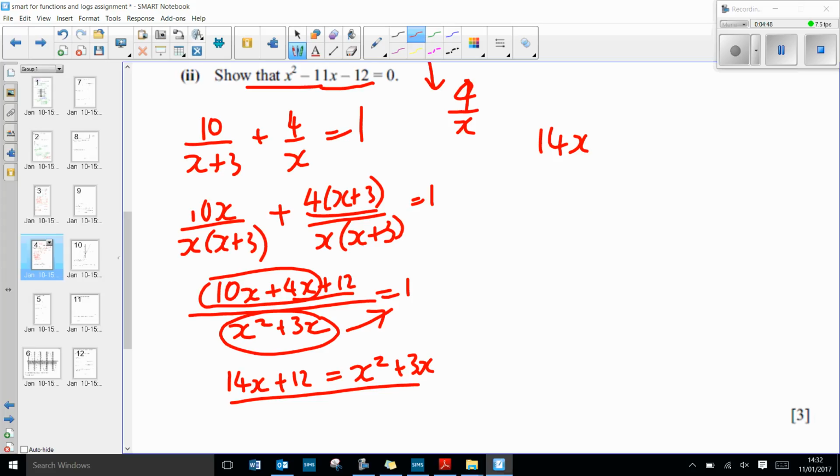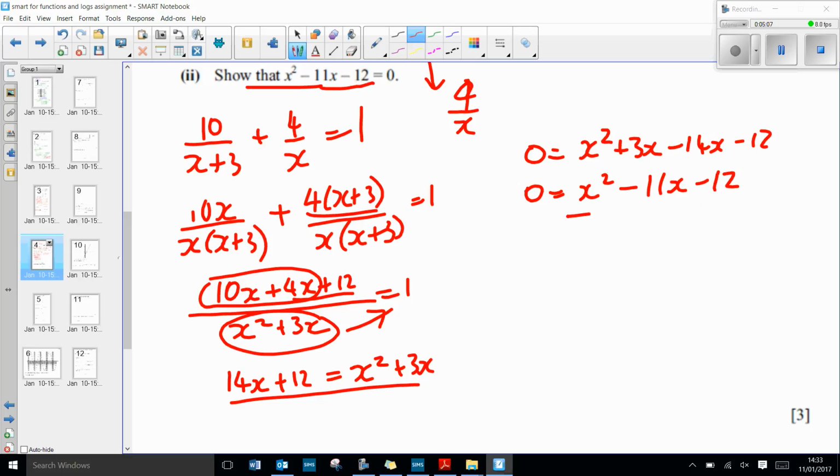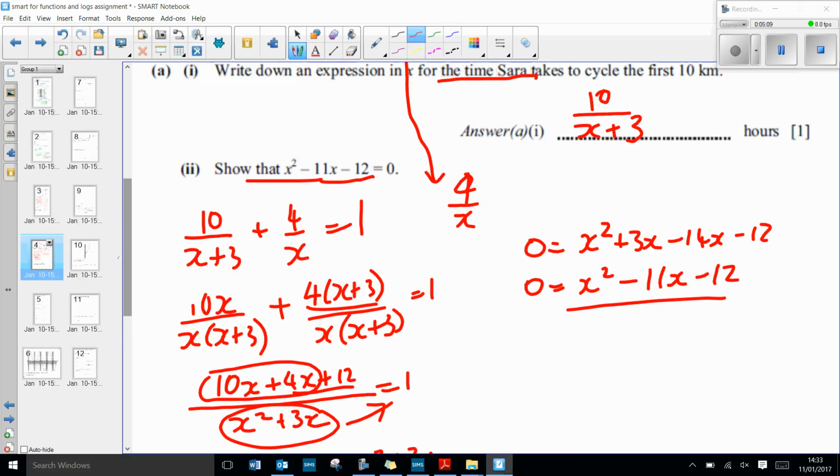So we're going to move everything to the same side. I'm going to leave my 0 on the left, so it's x squared plus 3x minus 14x minus 12. And there we go, that is what we've been asked to show that it's equal to.